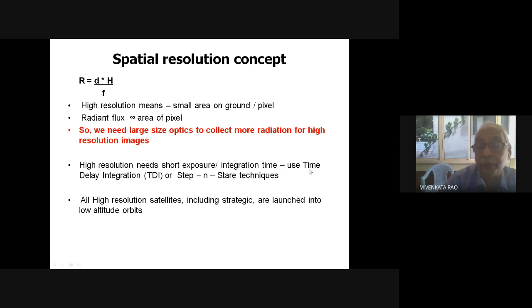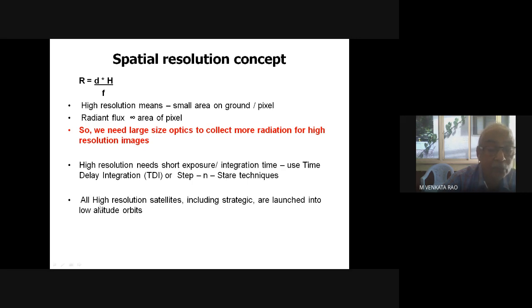Other than reducing the pixel size, etc., there are two techniques whereby you improve the resolution: one is the time delay integration detector, and the other is the step and stare technique. I will explain this in the next slide.